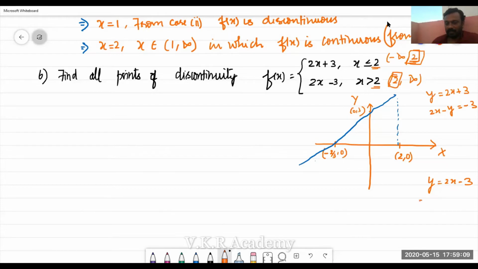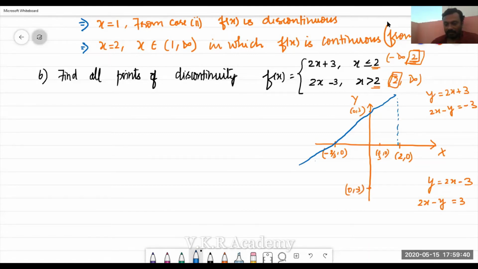From that we get 2x minus y is equal to 3. That means it has the x-intercept at 3 by 2 comma 0 and y-intercept at 0 comma minus 3.